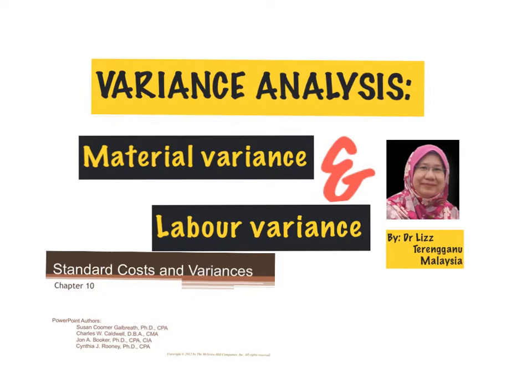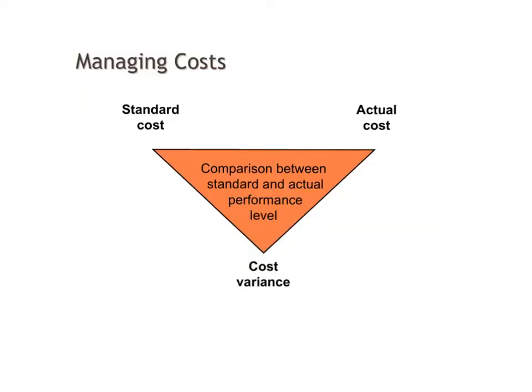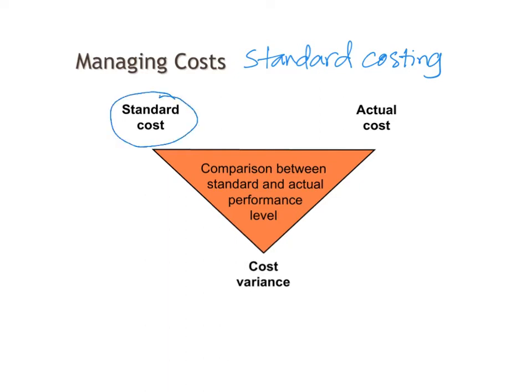Okay, so we are going to look at material variance analysis now. If you recall, in the last video, we looked at managing cost through the use of what we call standard costing. Companies use standard costing so that they can manage cost well and have a target cost, which is the standard cost.